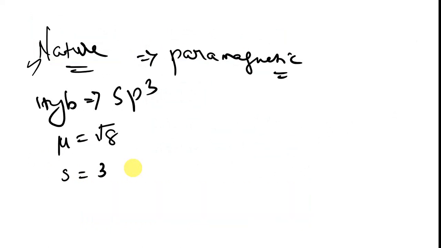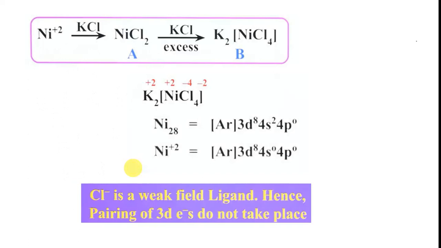Let me tell you in a schematic manner. So this is the output: when Ni2+ is treated with KCl, it gives NiCl2 first, and then in excess of KCl it gives the coordination compound K2NiCl4. So the general electronic configuration is 3d8 4s2 for nickel. Ni2+ will have only 3d8, right?